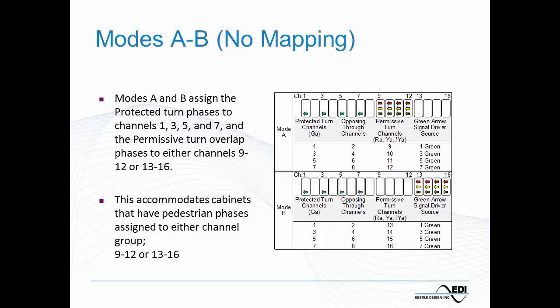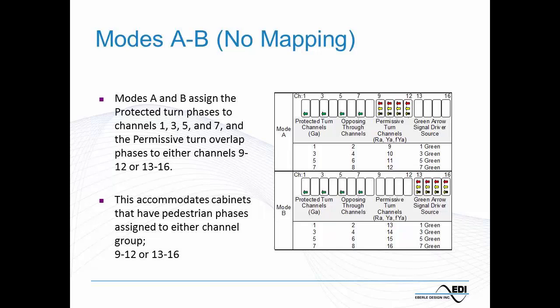So the monitor knows, based on our configuration and our choice of mode B, that as long as channel 1 is in the green arrow, it's okay for channel 13, the paired channel, to be dark. Once the protected green clears, channel 1 will go dark again, and channel 13 solid yellow will turn on for our clearance interval, and then we'll go back to channel 13 red.